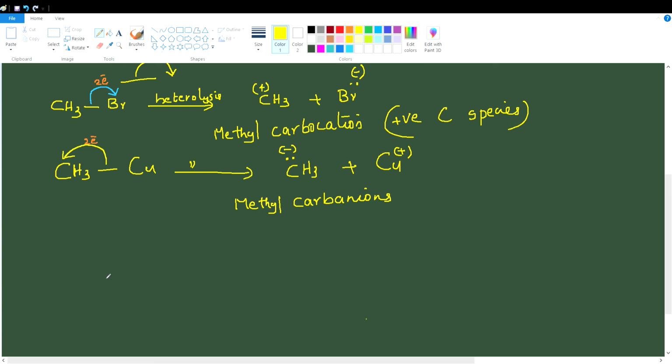So the chemical reactions involving heterolysis are called ionic reactions, also known as heteropolar reactions because charged species are the products. Heteropolar or simply polar reactions. Reactions involving heterolysis are called ionic, heteropolar or polar reactions.